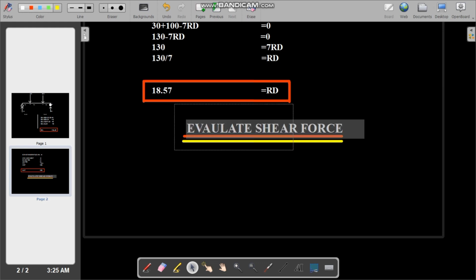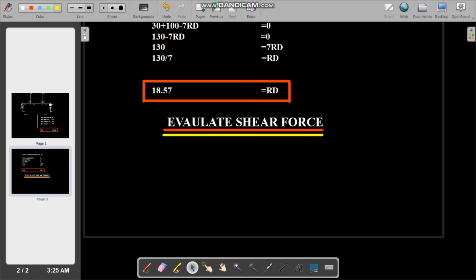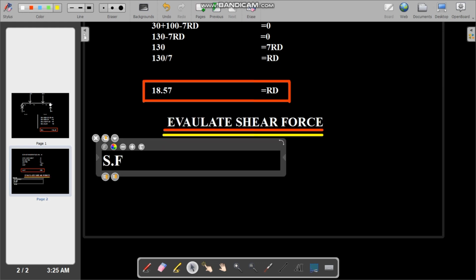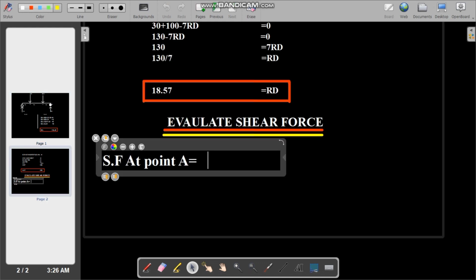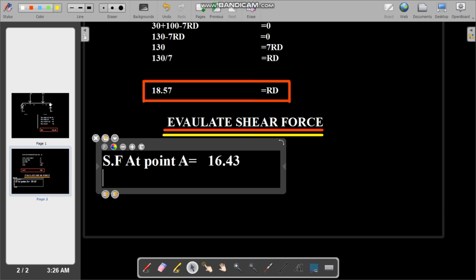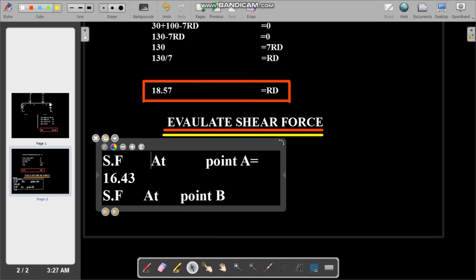So we just write the shear force at point A, because we are moving from point to point, because we have to find the shear forces of points A, B, and C. So shear force at point A is 16.43, because I already found the value of Ra, because it's a vertical force. As I already said, it's a sum of forces that are applied on a beam, vertical forces.